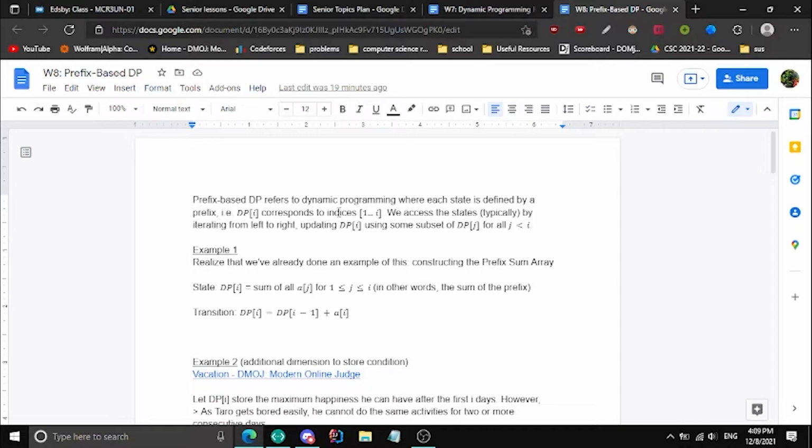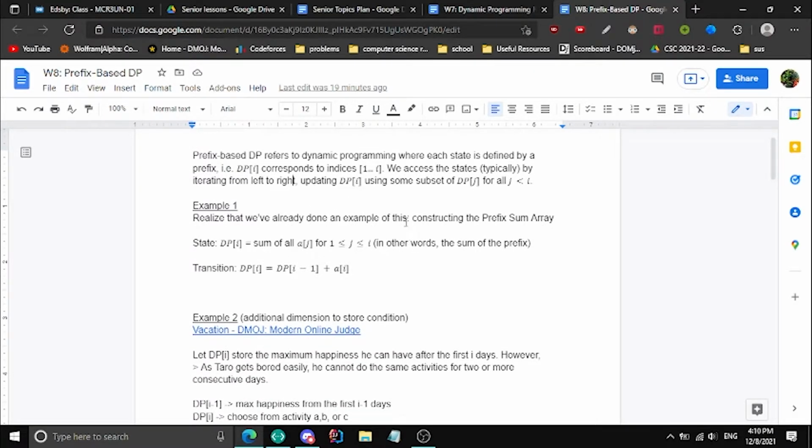So DP at I corresponds to indices 1 to I, and by corresponds, I mean it's related to the prefix that's ending at I. We would access the states by usually iterating from left to right and updating DP at I using some subset of DP at j for all j smaller than I. What I mean by this is we're going to update the DP states from left to right, and we're going to update each of the current states by the states that we already processed, also known as the states to the left of it.